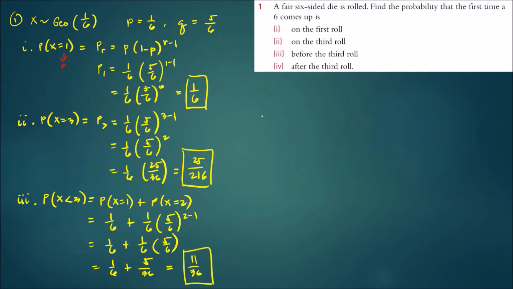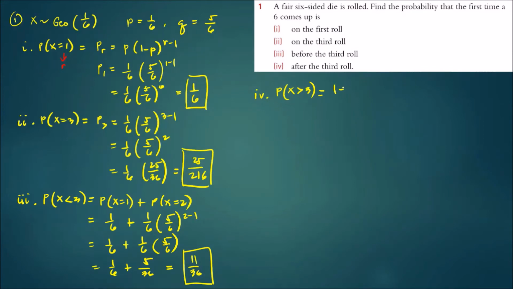Now for IV, we are looking for the probability that a 6 will come up after the third roll. So that is X greater than 3. Solving for this directly will take us solving for lots of parameters, so instead we can use the complement.